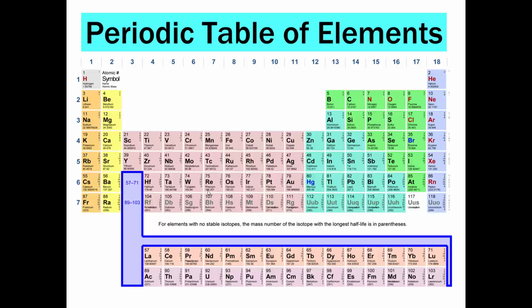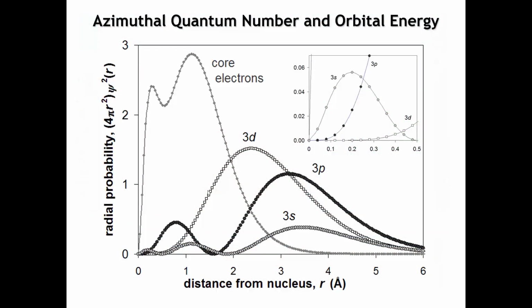Okay, let's take just a minute and ask the question, why does the orbital angular momentum quantum number L impact the energy? Remember, it doesn't if we only have 1 electron in the atom, but it does start to become important when we have more than 1 electron in the atom.